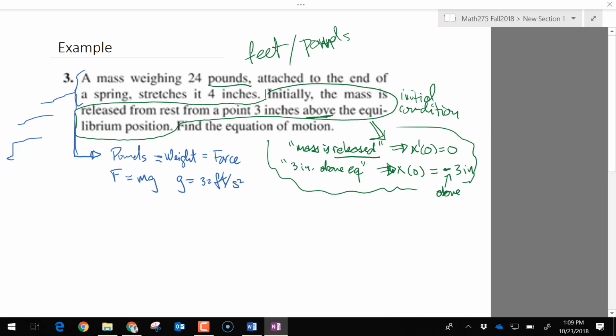And so to find the mass, which is what we're interested in here, we need to solve for m, and m is going to be equal to force divided by g. And the force is the weight.